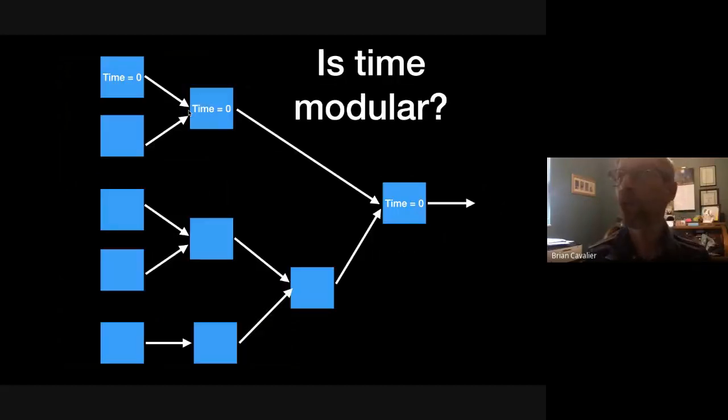So we've got one more that I want to talk about, and it's time. Being functional programmers, you're probably all aware that wall clock time, system time, is not referentially transparent. It's hard to test.